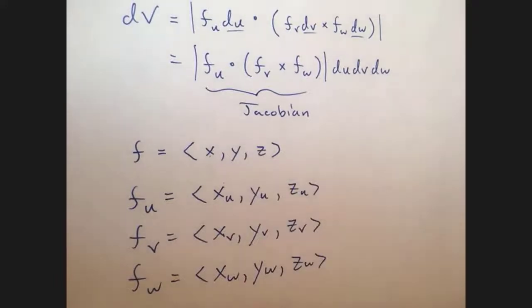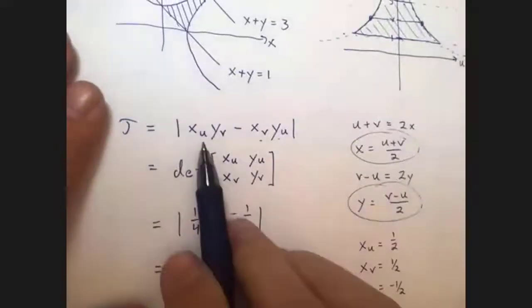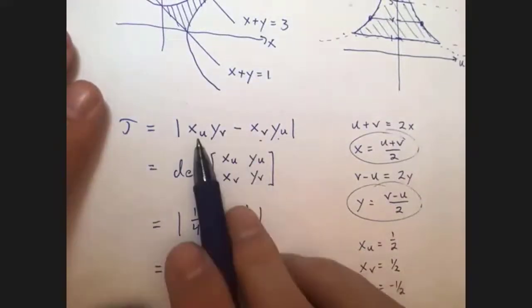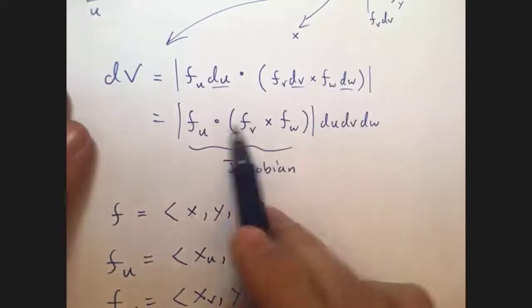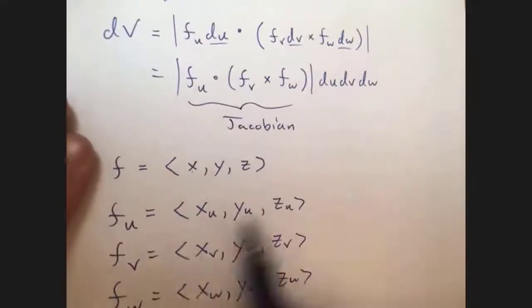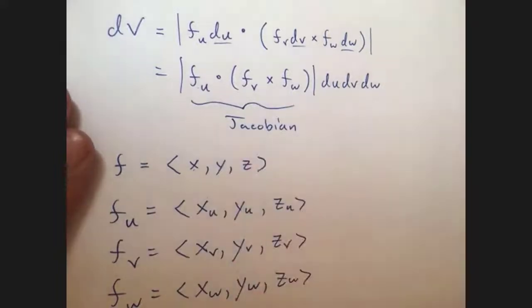These are the three vectors that I'm doing this to. So it's similar to the last problem. There it is underneath, where the Jacobian was x_u y_v minus x_v y_u. Now it's going to be this, where you plug these vectors in for these places here.